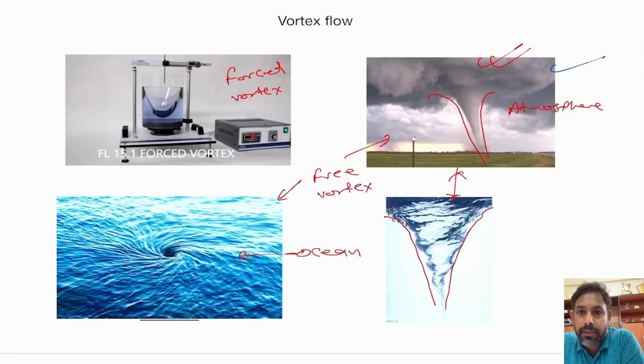Especially during summertime you see more of this sort of vortex, and you can actually try to predict how much damage this vortex is going to bring to a building or nearby areas.